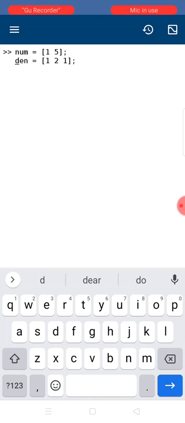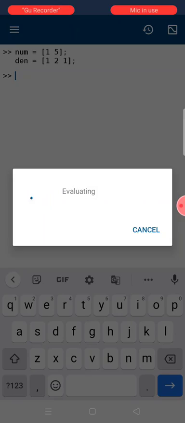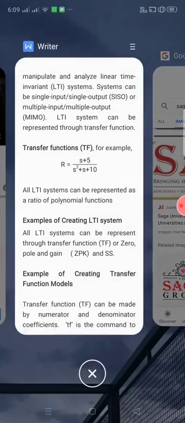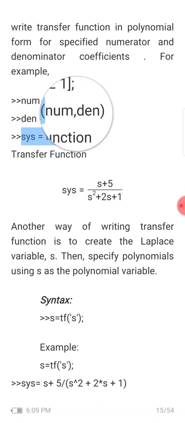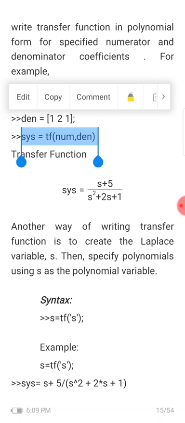So you can see for the numerator polynomial coefficient NUM is written, and for the denominator polynomial coefficients DEN is written. Now this is evaluated. See this command, sys equal to TF numerator comma denominator.